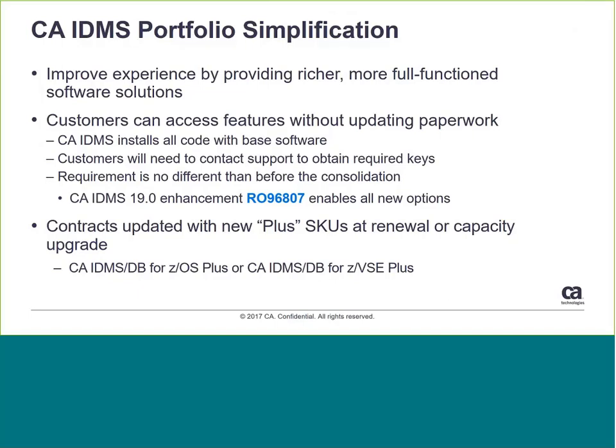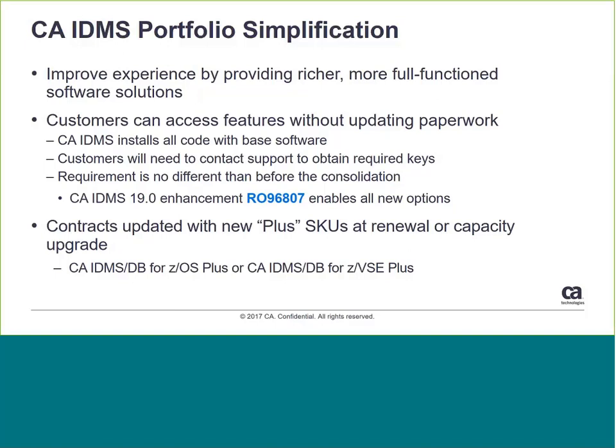Okay, fantastic. So to define the simplification process a little bit further, the goal is to offer our customer base a better user experience. We want to add more value, and we want to encourage you to improve the use of your systems through added functionality, all without having to expand your budget. For example, if you were not previously licensed for the SQL or the server options, you now have the opportunity to use them.